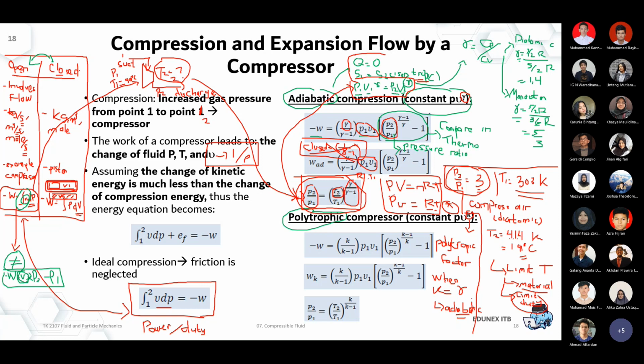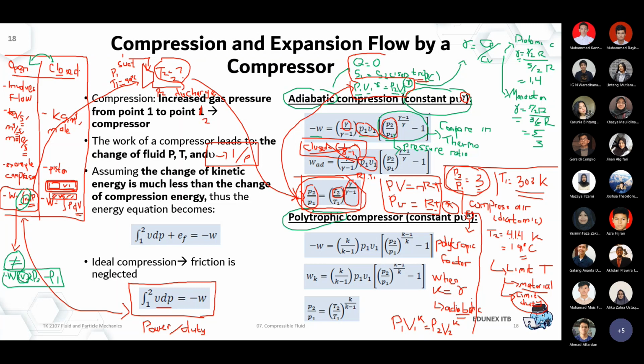But in terms of principle, again, it's very similar to the adiabatic system. Now we can go with P1 V1 to the power K equal to P2 V2 to the power K, and it should be given in the question. So let's say the compressor licensor states that the gas will behave as a polytropic compression with a polytropic factor of 1.2, for example.